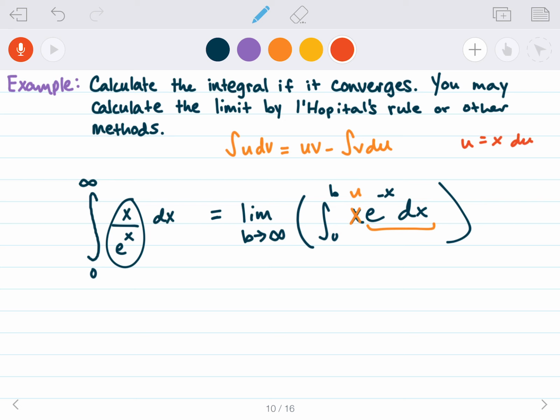So du is just dx. And actually, let me just move this over a little bit. And then dv was the rest of it. So dv was e to the -x. And v, if we integrate e to the -x, well, what do I have to take the derivative of to get this?